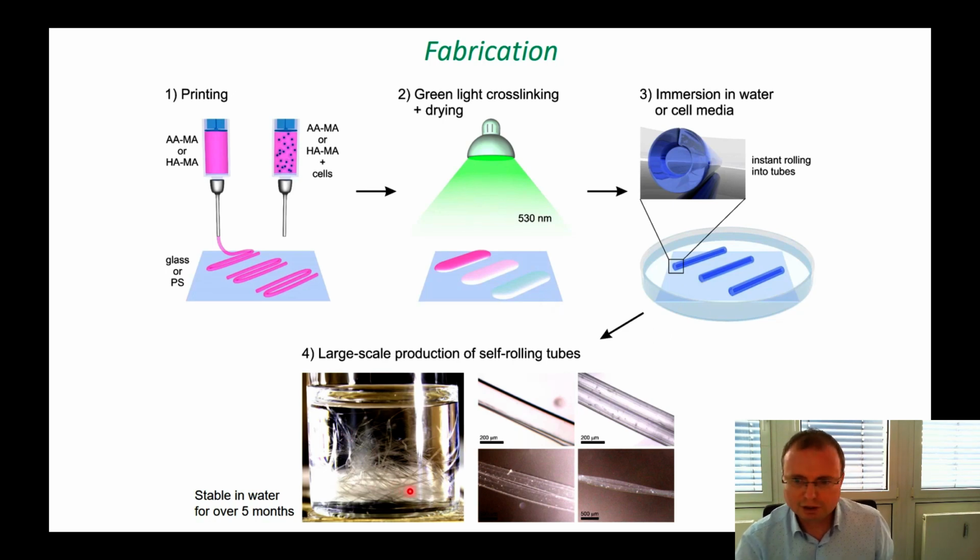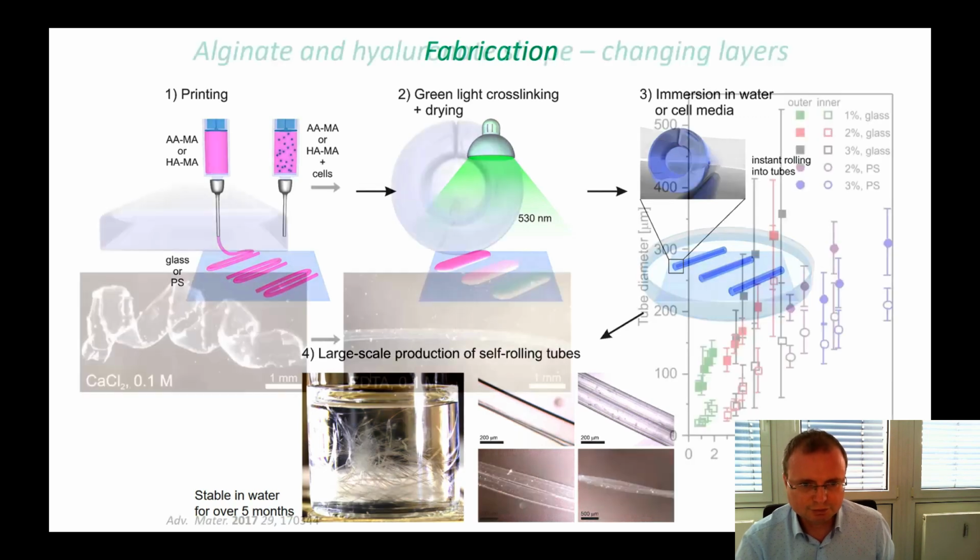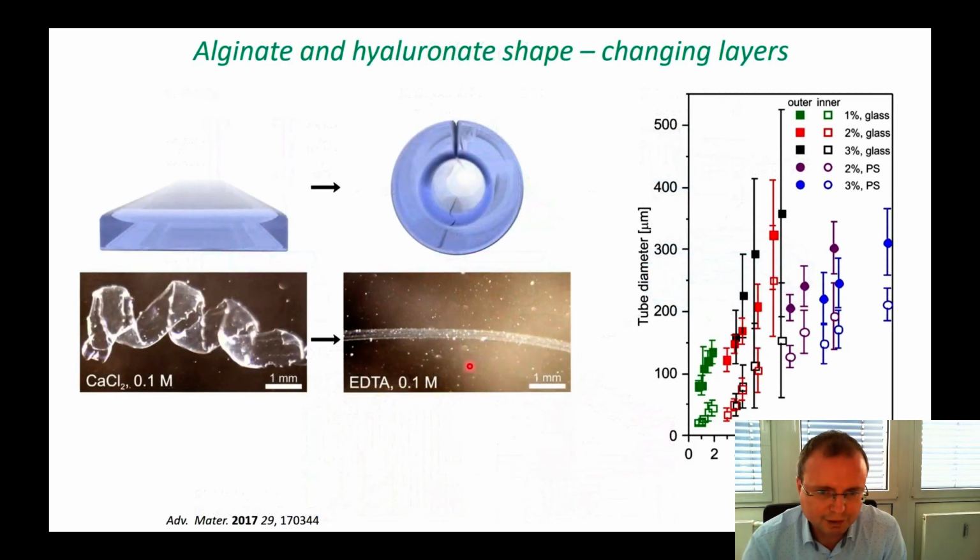The tubes are formed in media without calcium ions, like it was shown here, and applying calcium ions leads to unfolding of the folded structure. The process is very reversible. As soon as you remove calcium ions by, for example, applying EDTA, the tubular structure is formed. As soon as we add the calcium ions, the structure unfolds.